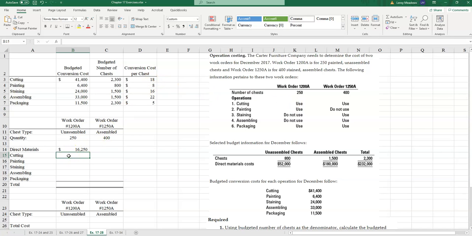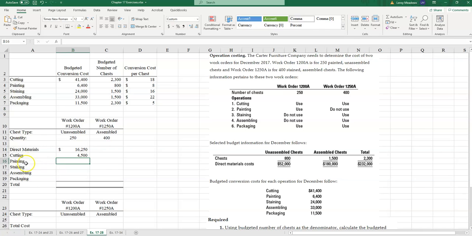So I'm going to take my 250 chests unassembled and multiply that by the conversion cost per chest of $18. And that gives me $4,500 worth of cutting operations costs associated with work order 1200A.